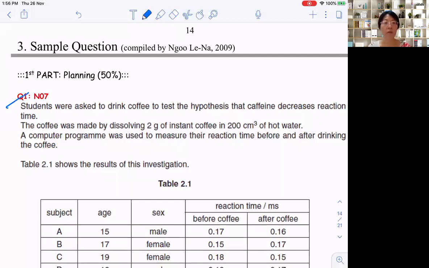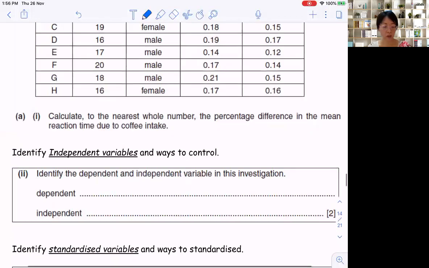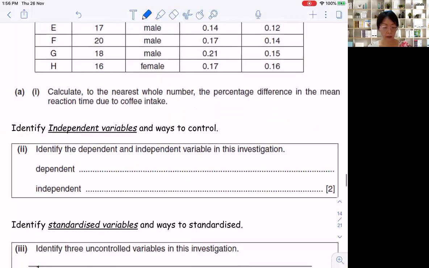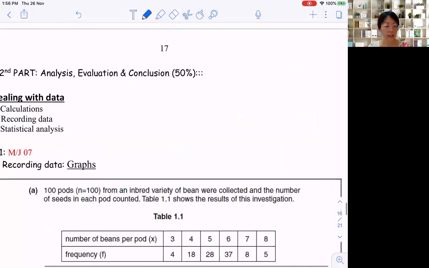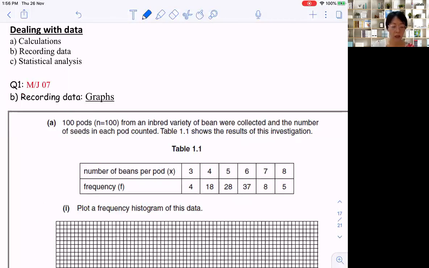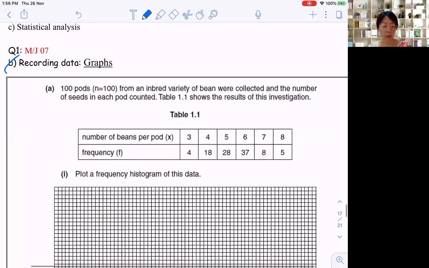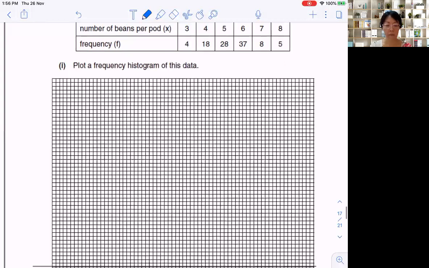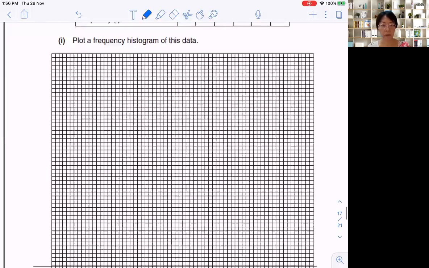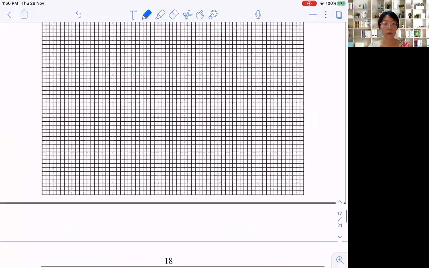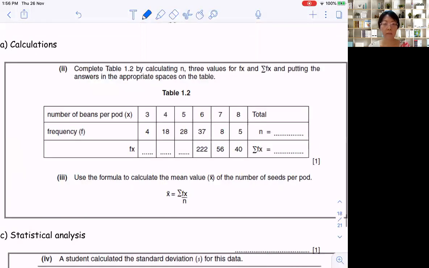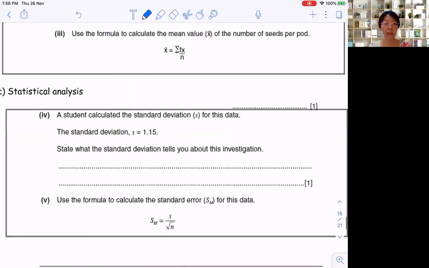So for question one, you can revise again what planning questions are, and the hypothesis, write a hypothesis. Then dealing with data. What will be asked here? They ask you to plot the histogram. Then you'll be given a table to fill in the blanks and do some calculations, and you'll be asked to do statistical analysis.